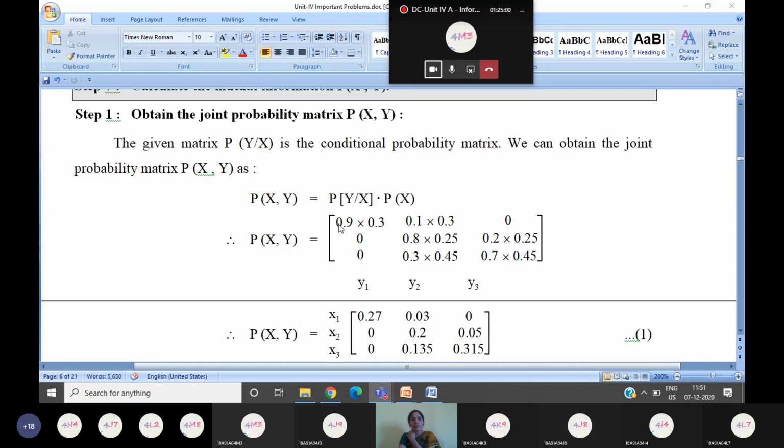Next, the third row of P of y by x is multiplied by P of x, third row into 0.45. So the whole third row is multiplied with the third row element of P of x. So 0, 0.3 into 0.45, and 0.7 into 0.45.